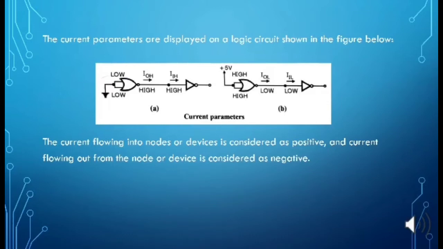Note that the actual current directions can be opposite to those shown in the figure, depending on the family. In most data books, the current flowing into nodes or devices is considered as positive, and current flowing out from the node or device is considered as negative.